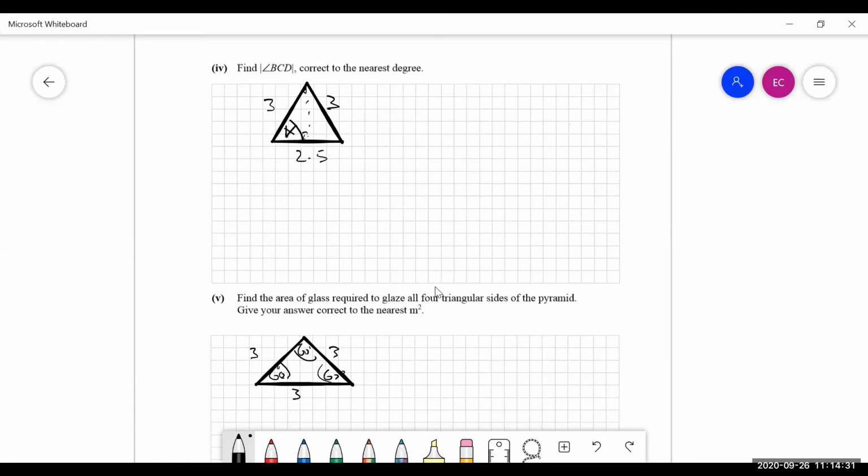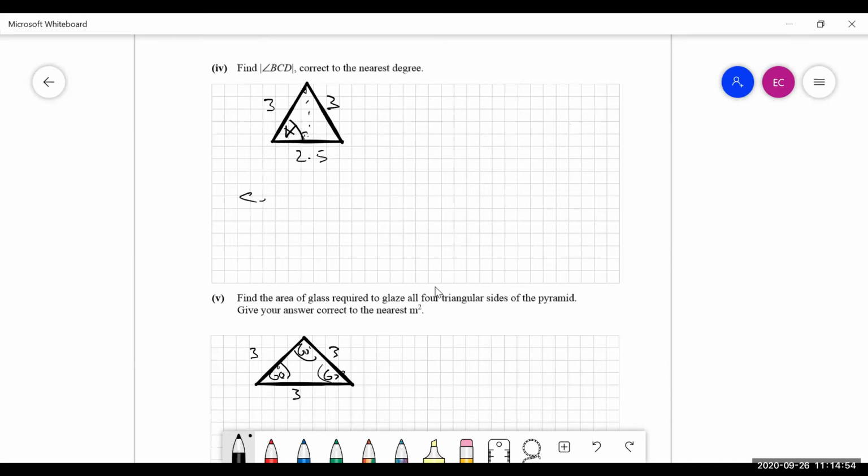So then we could, using our cosine formula, we can say that the cosine is 1.25 over the hypotenuse over 3. So that is the easiest way of doing this.